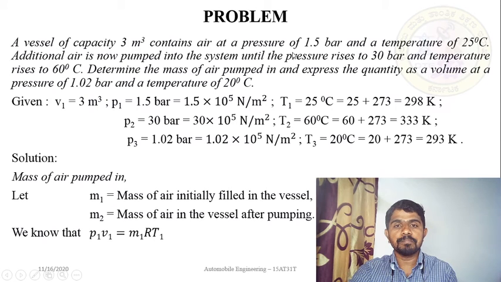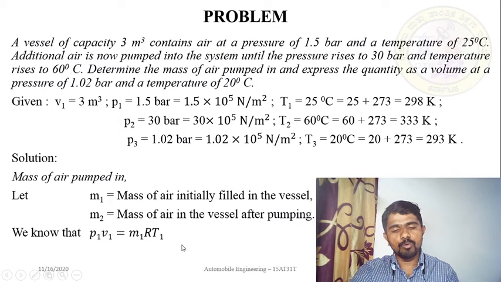What is the gas here? Gas is air. So I already gave in the last session, as a note, the value of R for atmospheric air. You should remember that. You should never forget. Okay. So you can apply the value of R for air, and T1, that is the initial temperature, that you know. So in this equation the only unknown is M1.